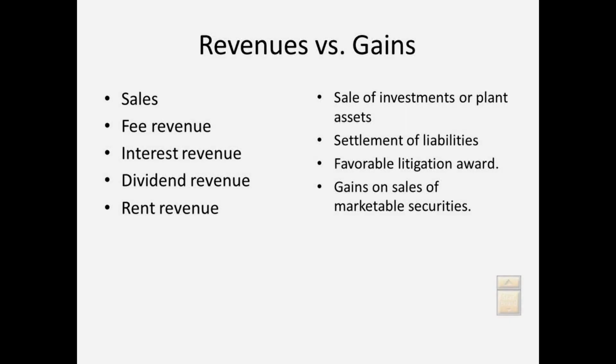If we end up making some money on that, I'm not going to look a gift horse in the mouth, but it's still not something I'm going to expect from year to year. If I've estimated correctly, there should be no gain because I would have incorporated that into my depreciation rate. So a gain could occur, but it's not something I'm going to expect from year to year. What else?